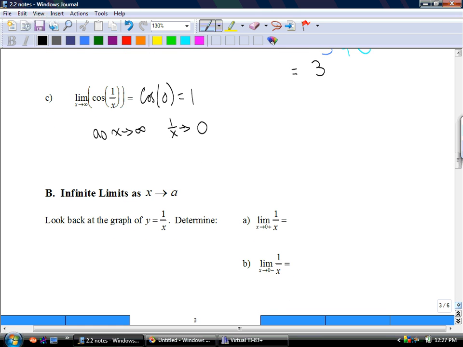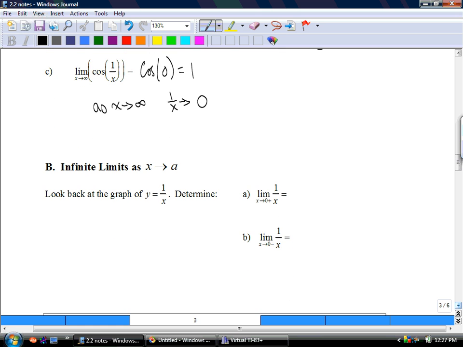Oh yes, vertical asymptotes. The graph of y equals 1 over x looks like this. We say as x gets close to 0 from the right-hand side, our y values get really, really big and positive.